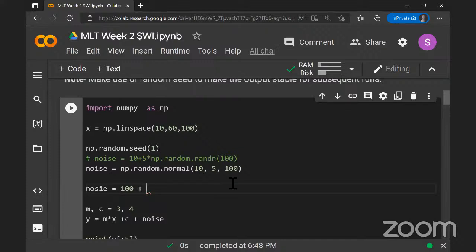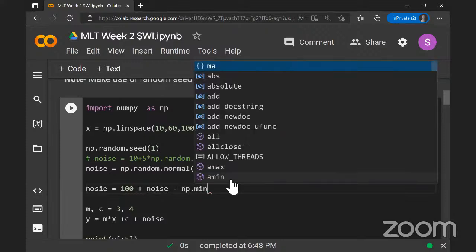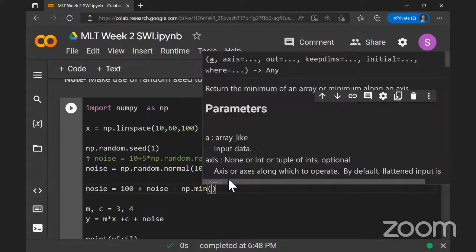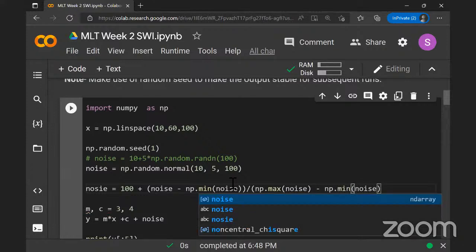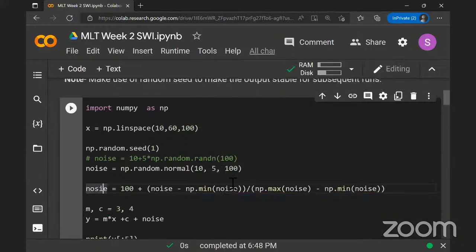Okay, so what you'll have to do is np.min, no, noise minus np.min of noise, this whole thing divided by np.max of noise minus np.min of noise, and this entire thing should be multiplied by 100.